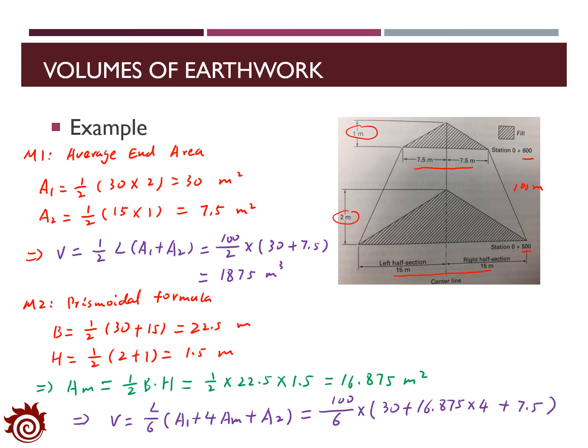With that, we can find out the result as 1750 cubic meters. So the result is very similar to the average end area method, but both of them are approximations of the volume of the earthwork in the field.